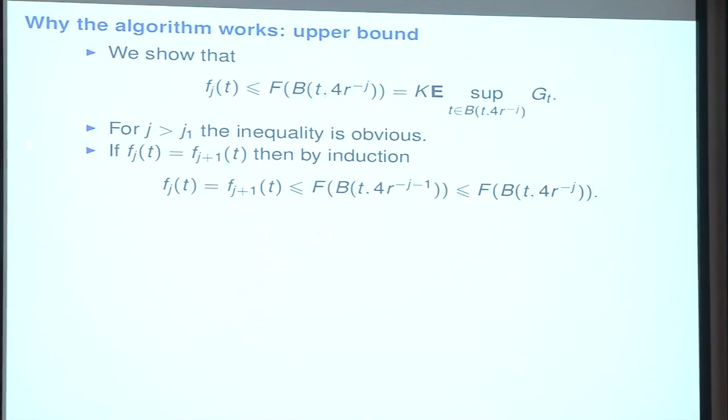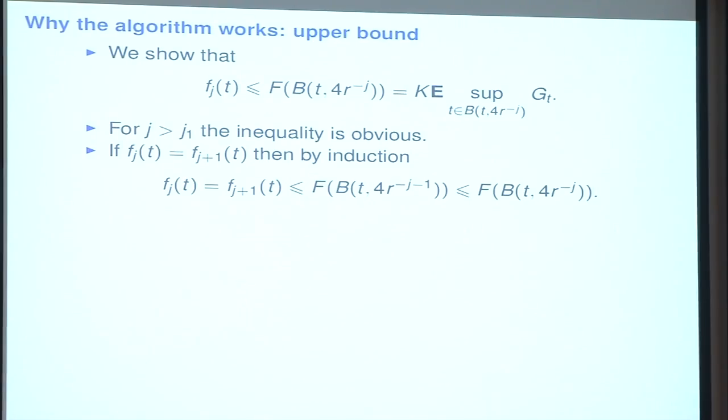We have two cases. So it's unimportant when we cross the level j_1, when we've put the functional to be equal to 0, if we are in the right regime, so if we know that our definition is meaningful, we have to consider two cases. The first one, if we know that this is exactly f_{j+1}(t), then it's pretty simple.